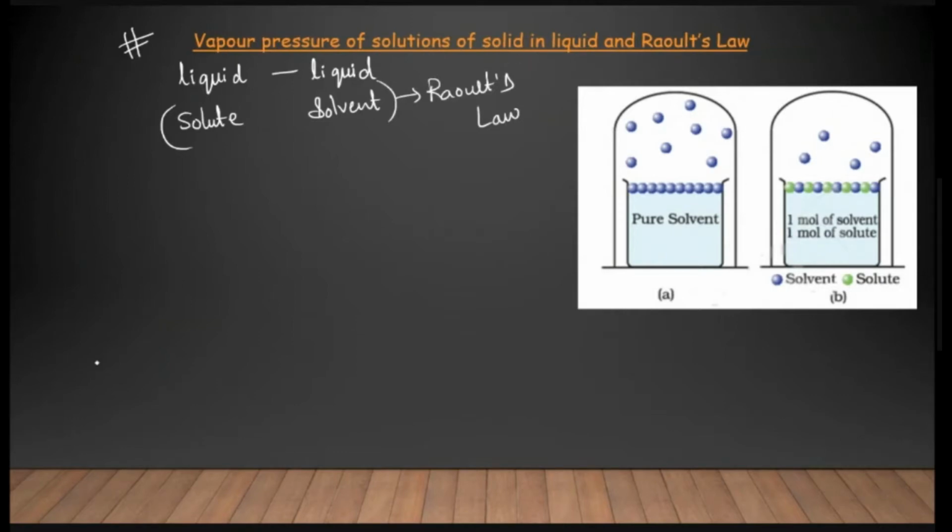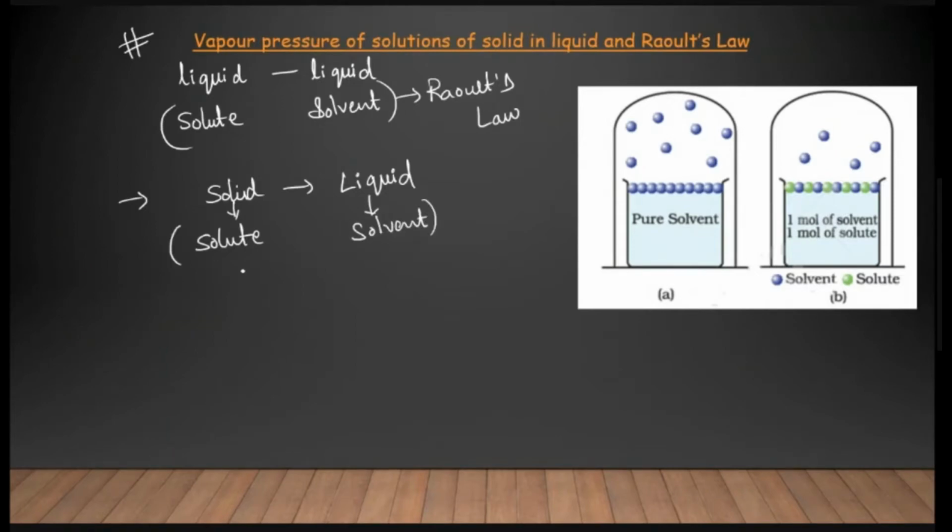In this video lecture, we are going to study the vapor pressure of a solution of solid in liquid. Your solid is acting as a solute, and your liquid is going to be the solvent.